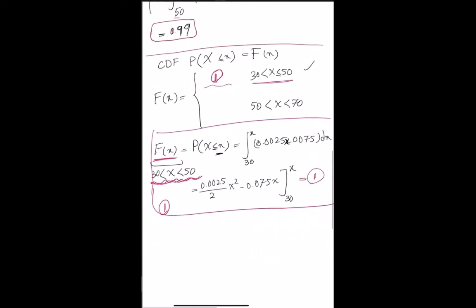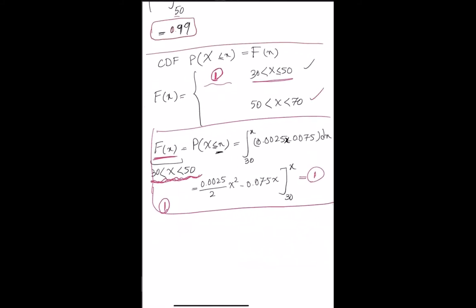How about for the second one? When I want to calculate F of x, or probability of X less than or equal to x, when I know that x is between 50 and 70.